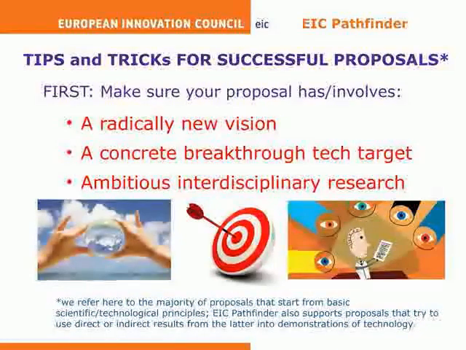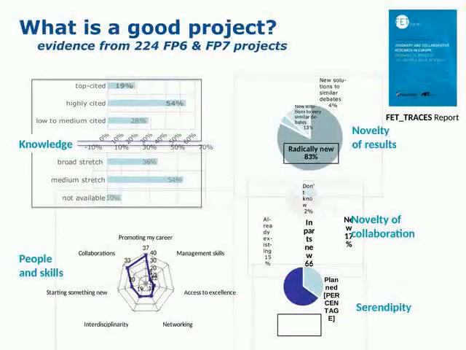Now, what makes a good project? We have done the FET Traces report. We looked at around 224 projects from quite some time, and we checked whether what we preach has been matched by those projects. You see, for example, that 82% of them had radically new project results. So what we are asking for indeed has happened.